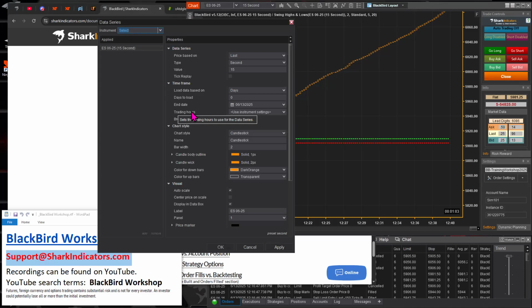So it could be that the chart or the strategy analyzer, the very first trades are different, right? And look at those timestamps, and you'll notice that they're at different times of the day. So definitely read the trading hours so you understand how that influences the data on the chart that you're working with.